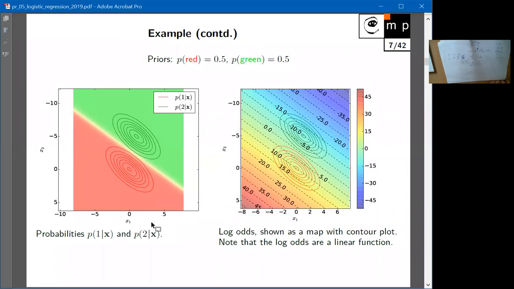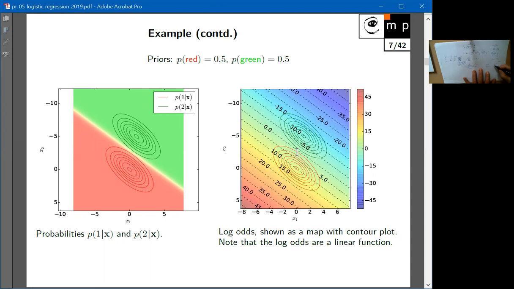We can see here what this is. So you see the log of these two numbers change quite rapidly. So by the way, to interpret these logarithms, if you have p1x to p2x, so if it's something like 10 to 1, in this situation, the class 1 is 10 in 11 cases, and this one would be 1 in 11 cases, so somewhere like below 10%.